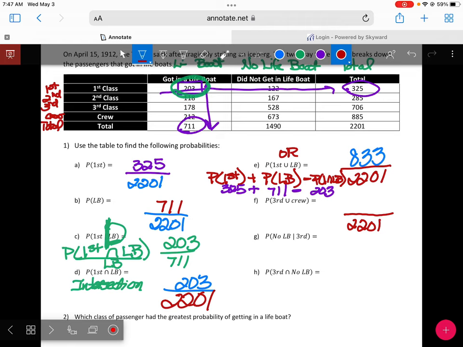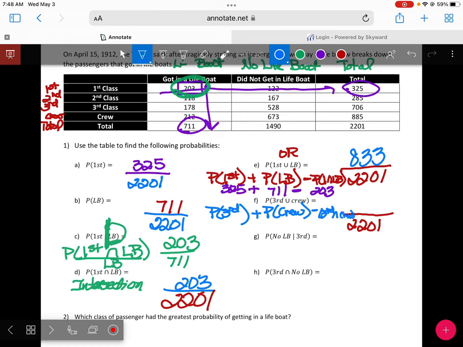Okay, is this an or statement or an and statement? It's or. So that means I need the probability of all the third class, and I want everybody that was part of the crew, and I am going to subtract anybody that was third and the crew at the same time.